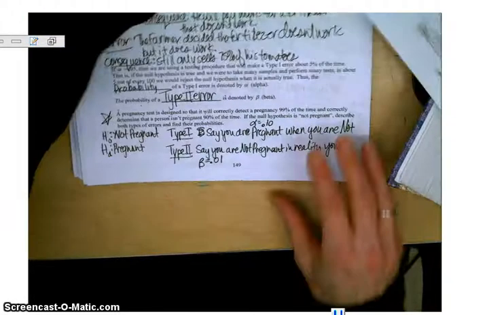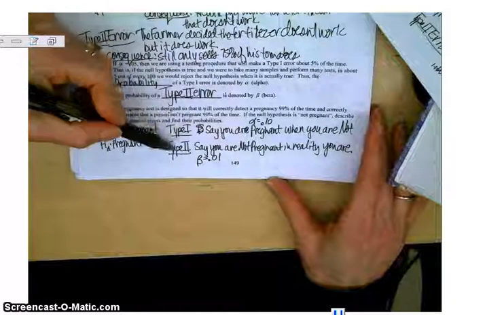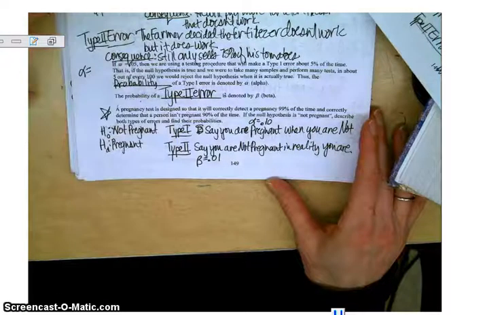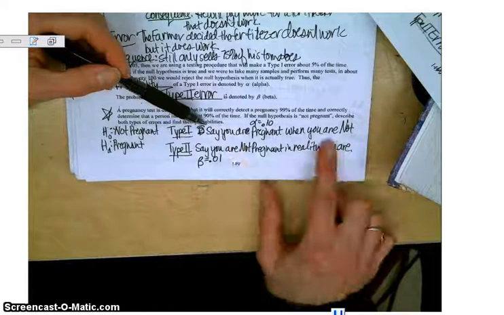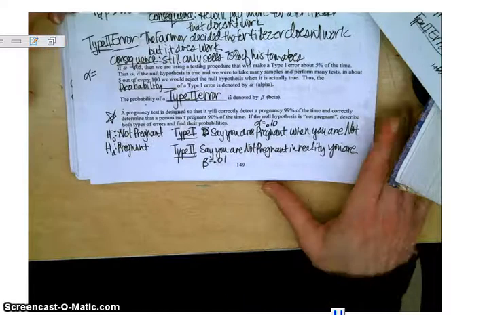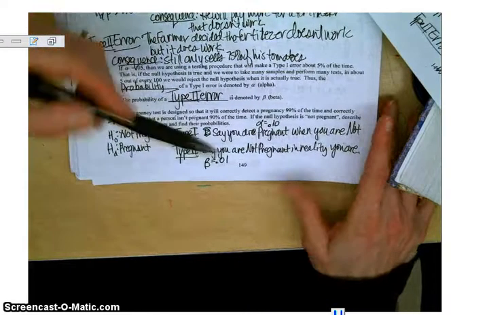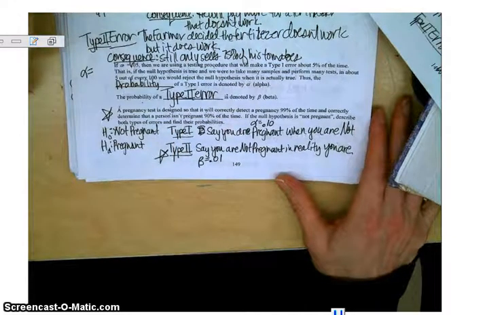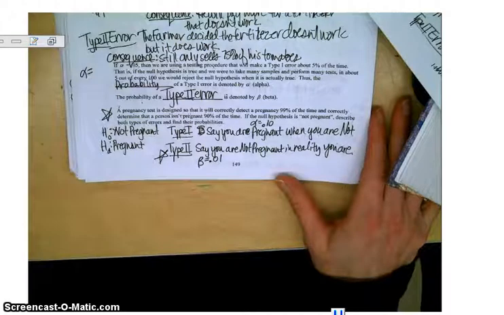All right, so which of these do you think is a worse scenario? Saying you're pregnant when you're not, or saying you're not pregnant when you are? Why is type 2 worse in this situation? Yeah.